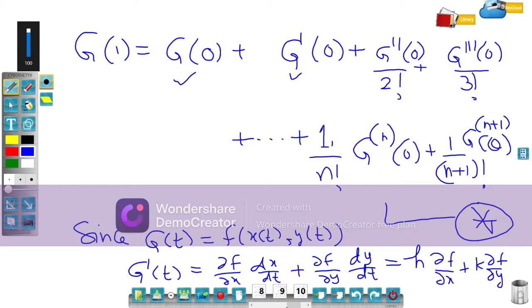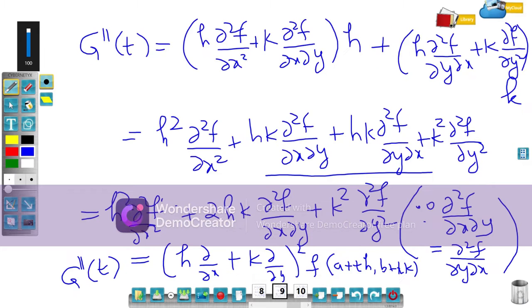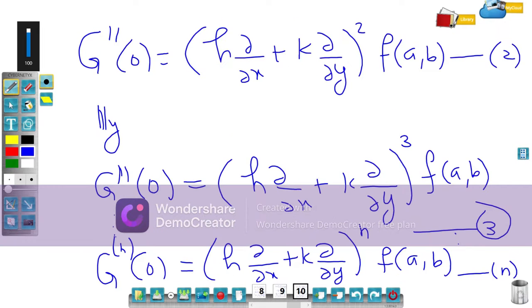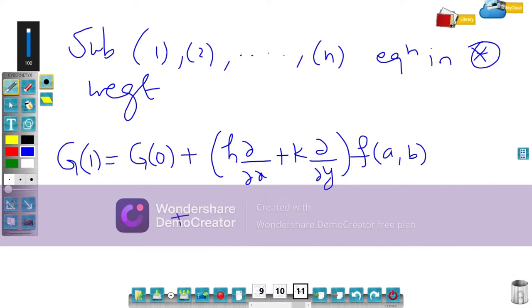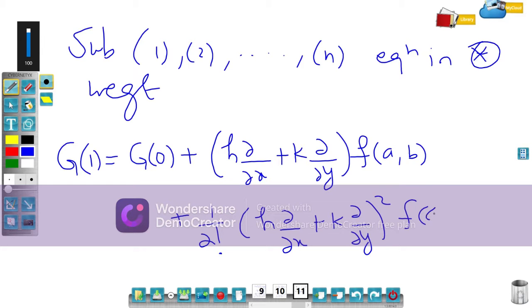What is g double dash at 0? You can see that g double dash at 0 will be this. So let's substitute this 1 upon 2 factorial (h ∂/∂x plus k ∂/∂y) whole square f evaluated at a comma b.